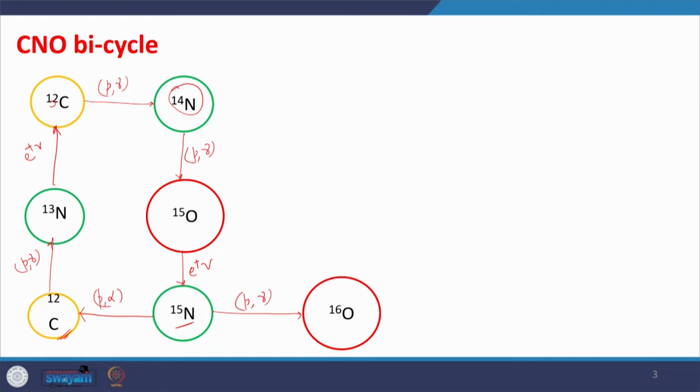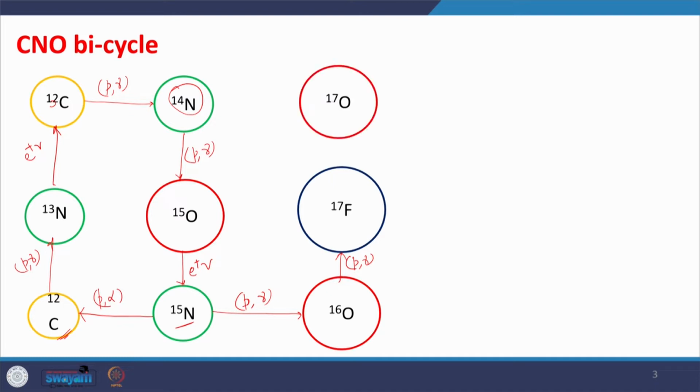Nitrogen 15 can undergo reaction with proton to produce oxygen 16. Okay. And this oxygen 16 undergoes reaction P gamma to produce F17. See, in all these reactions, because of the abundant nature of the protons, they are able to induce so many charged particle reactions. Okay. And this fluorine 17 is unstable and undergoes positron decay.